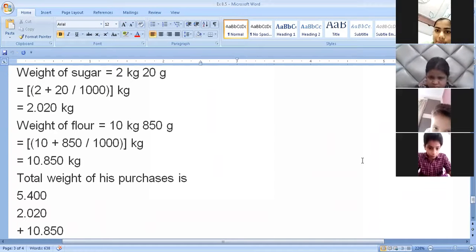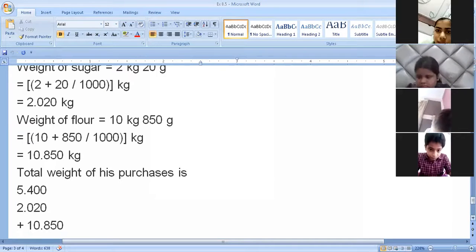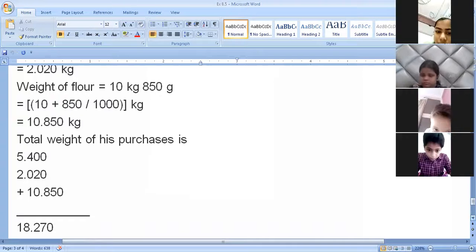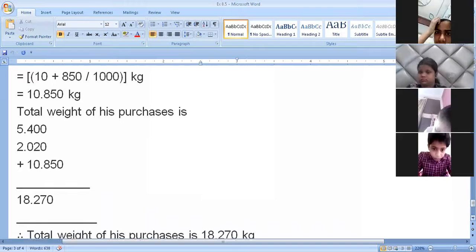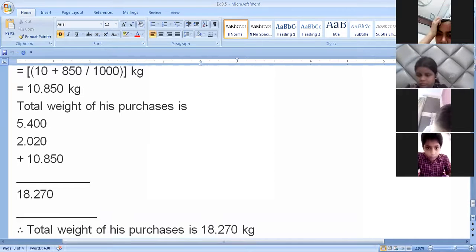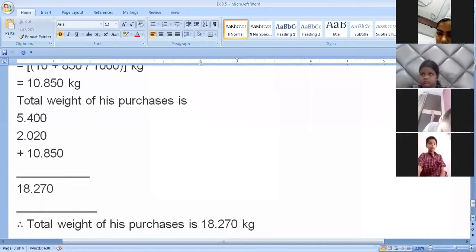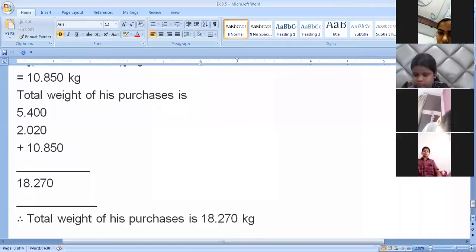Yes, 18.270. Aradhya, Ridhima, your answers are correct. 18.270 is the correct answer. So the total weight of the purchase is 18.270 kg. This will be the answer, 18.270.